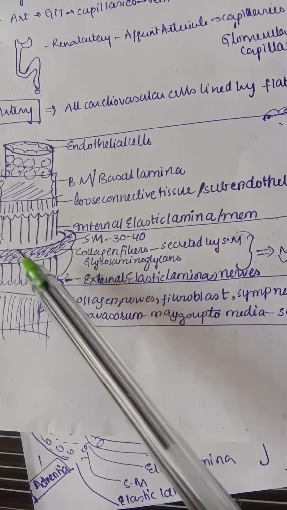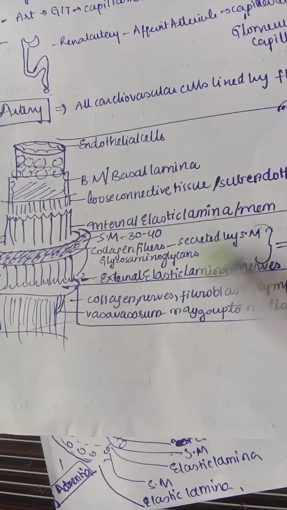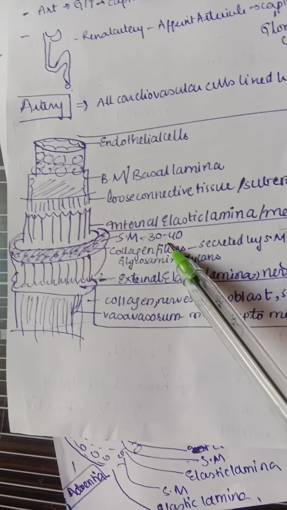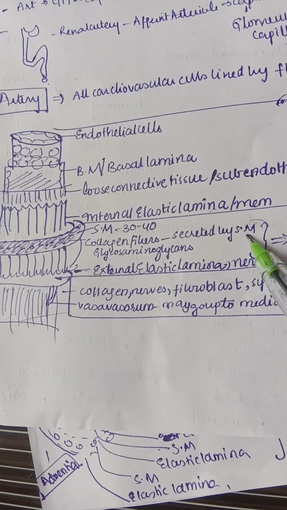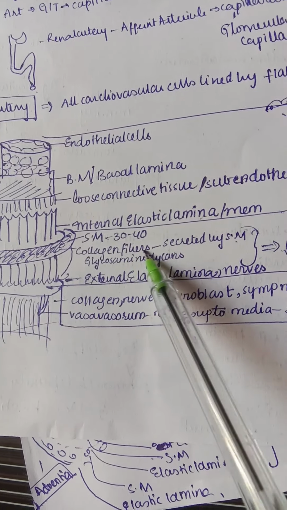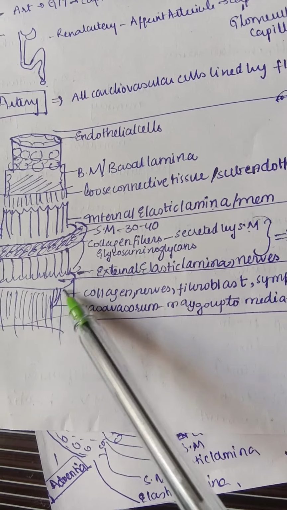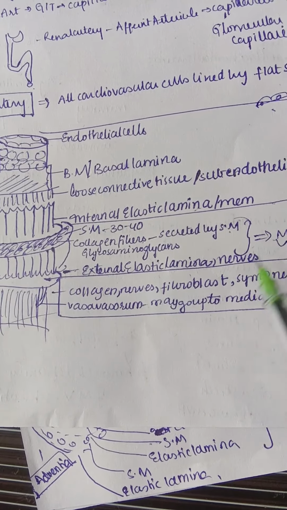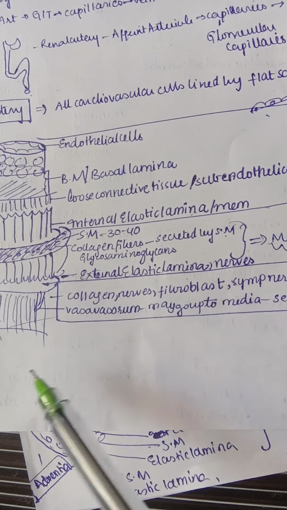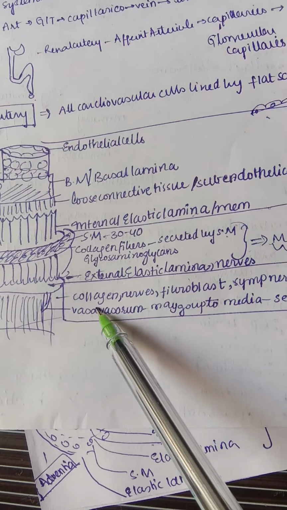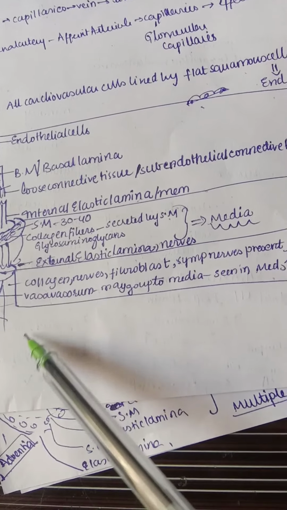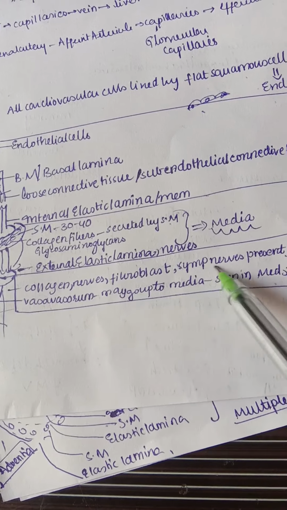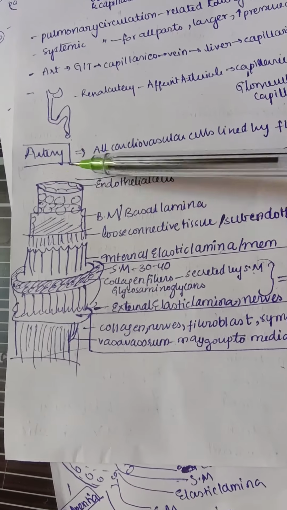Next we have our internal elastic lamina or membrane, and next we have smooth muscles, which are 30 to 40 in number, and next our collagen fibers, which are mainly secreted by the smooth muscle, and also glycosaminoglycans. Next we have the external elastic lamina, and also some nerves are present. And next we have outer collagen, nerves, fibroblasts, sympathetic nerves, lymphatics, vasa vasorum, and they also may group into the media.